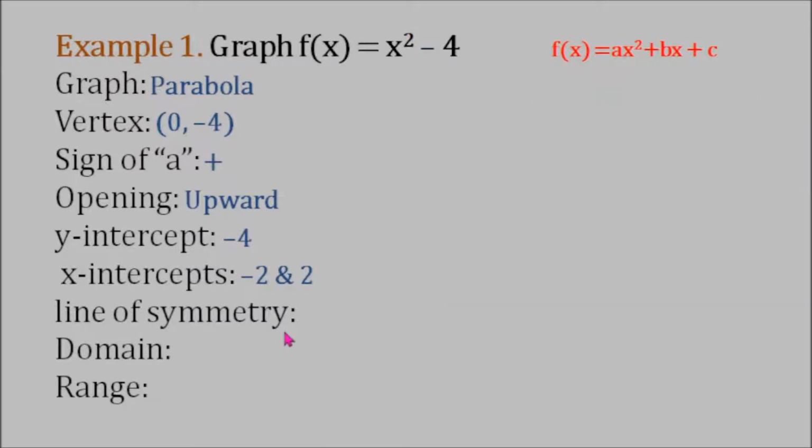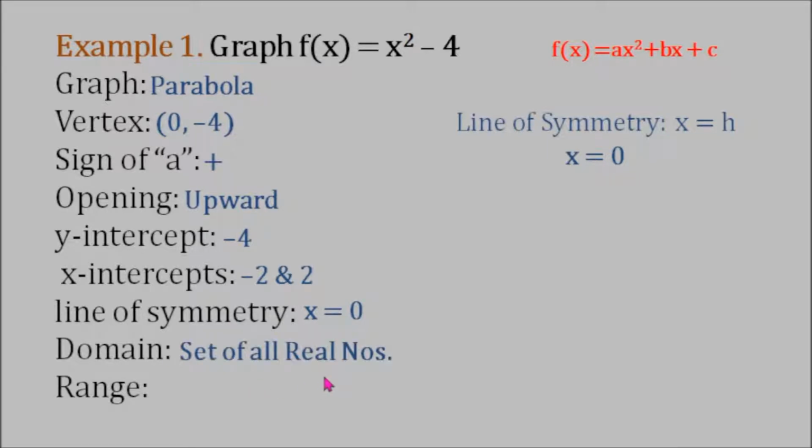Our line of symmetry has the equation x equals h. This is the h here, so x equals 0. The domain for our U-shaped graph is always the set of all real numbers.